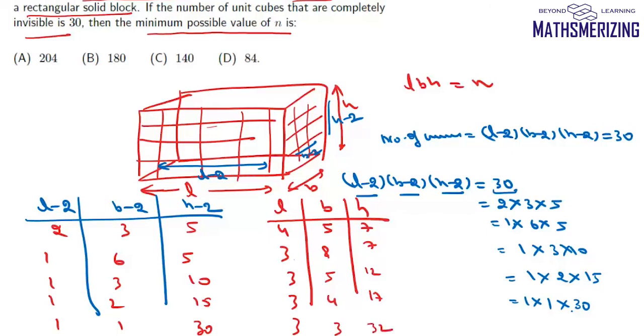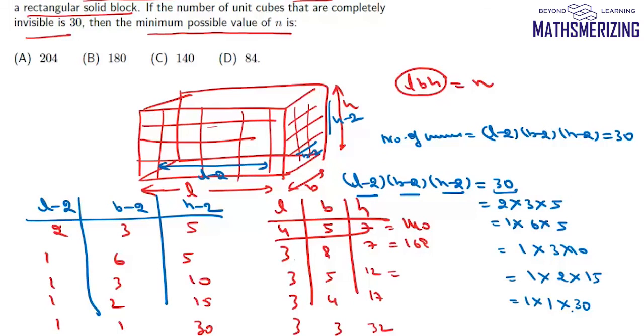Now we need to find the configuration where this L into B into H, that is N, should be minimum. So we'll multiply them. I'll get this as 140. Here will be 168. It is 180. This is 204. And this is 288. So the minimum possible value of N is simply 140, which is your option number C.